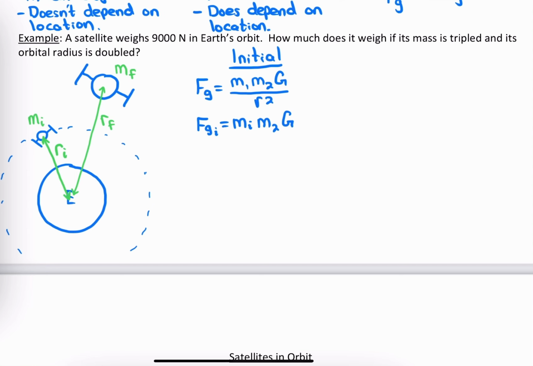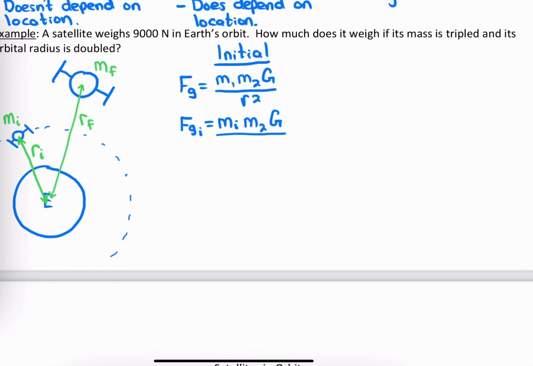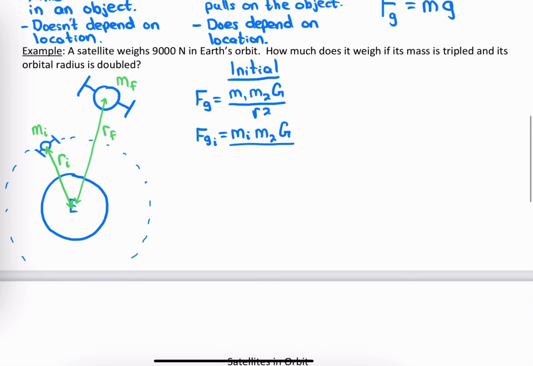We know what the mass of the Earth is, so we could plug it in, but we don't have to yet. And I think this might be a bit cleaner if we don't. And then for radius, I'm going to use the radius of that initial satellite, and it's squared. Okay, so that's what's happening with my initial satellite.